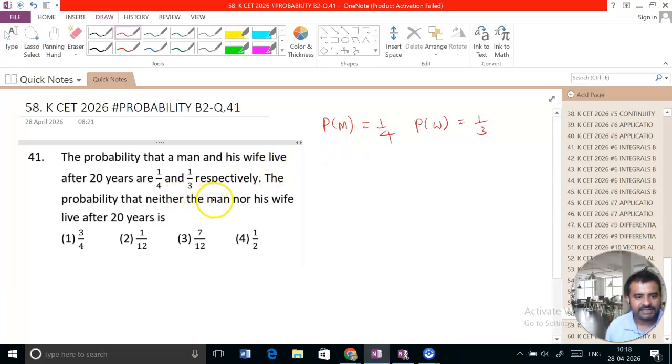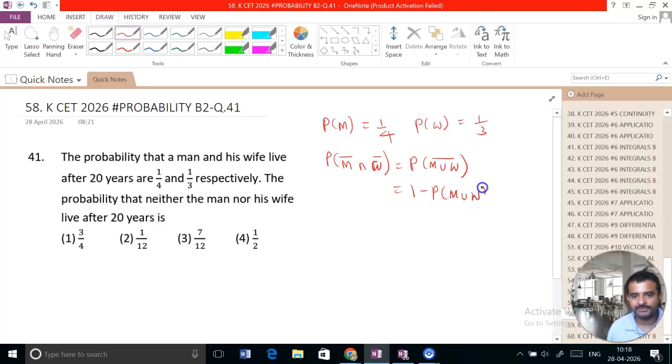The probability that neither the man nor his wife lives, again we are going to use the same formula: probability of M union W whole bar, that is 1 minus probability of M union W.